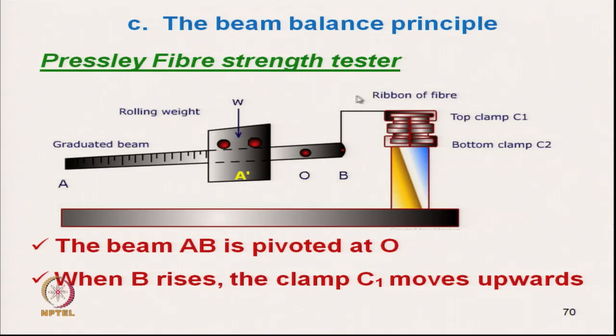This is connected, and this applies the force on the fiber bundle, because the bottom clamp is fixed and the top clamp is connected with B. So, as the load slides down, the force increases. It will apply a downward force, and this B portion would always like to move upward.